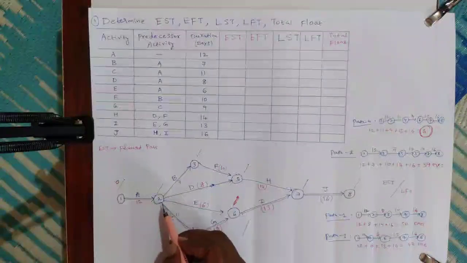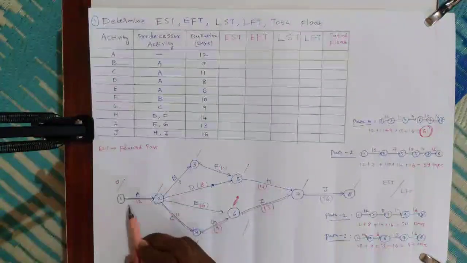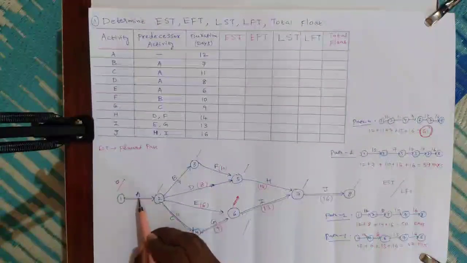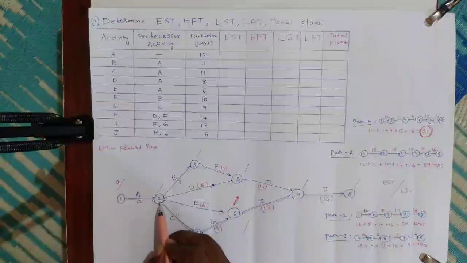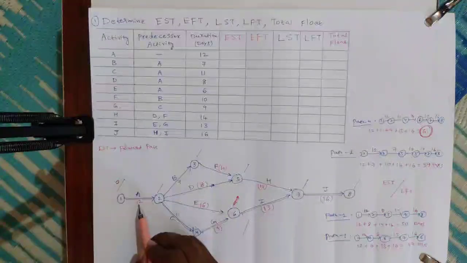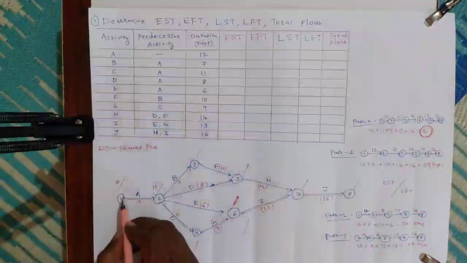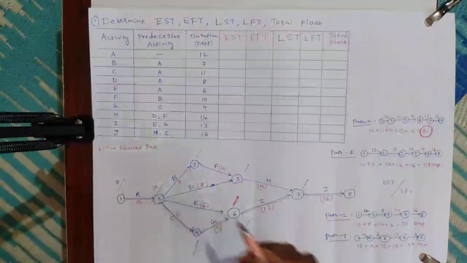And in order to start this event 2, after completion of activity A only this event will start. This is activity and this is the event. The starting of this event, we need to complete this activity. That means earlier start time is 12. Forward pass we need to do. This 12 we will come here, 12.